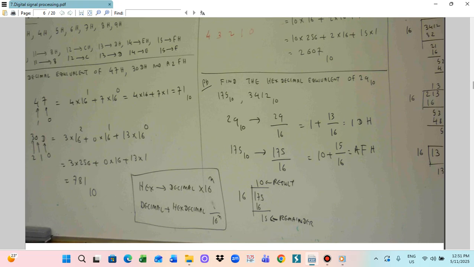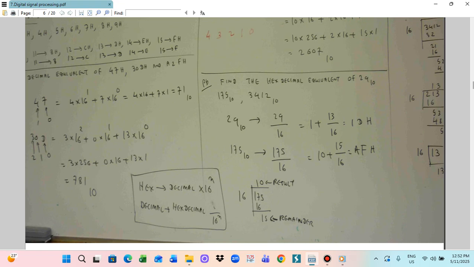Okay, so we need to find the hexadecimal equivalent of 29 base 10, 175 base 10, and the other given base 10 numbers. Firstly we calculate for 29 base 10. This 29 is divided by 16.